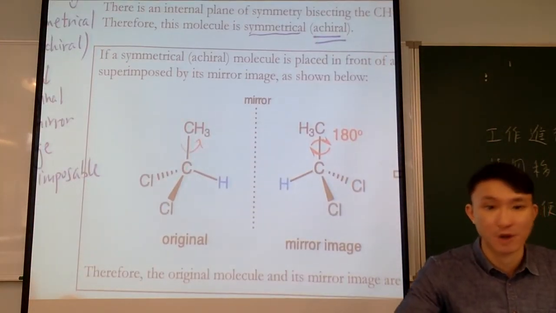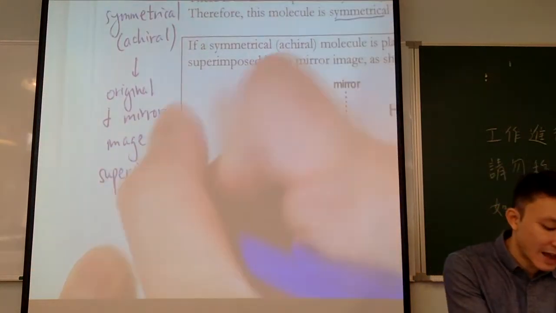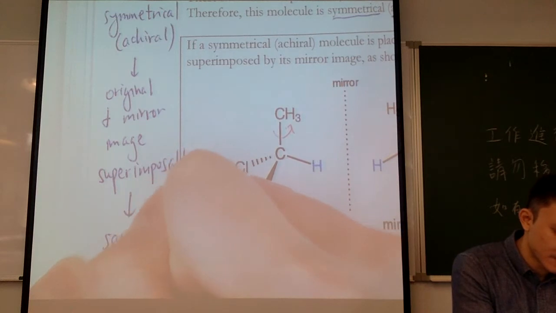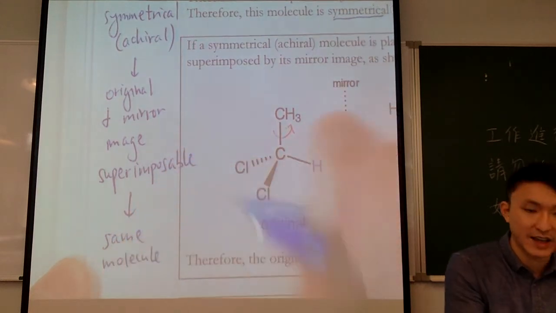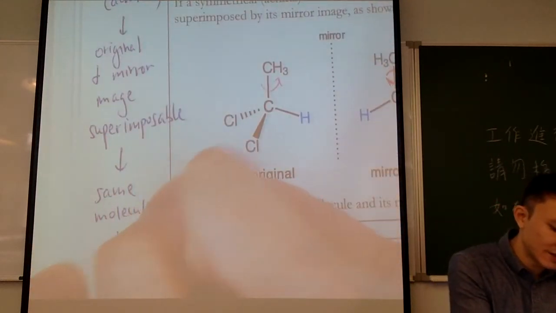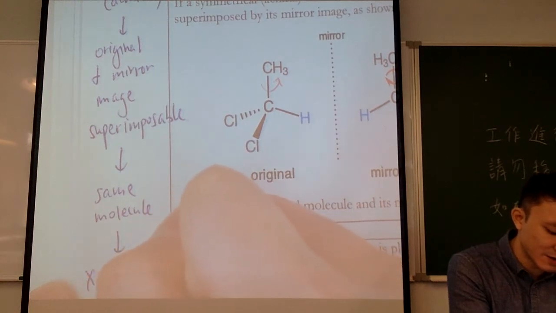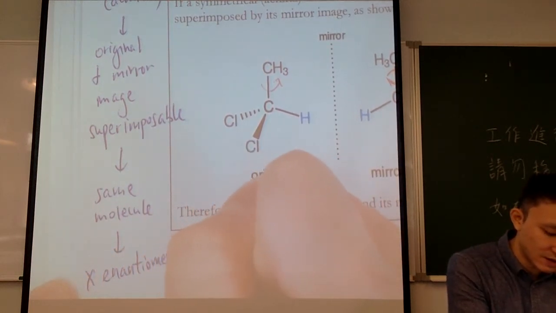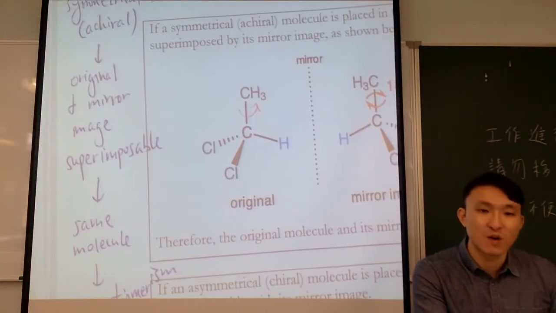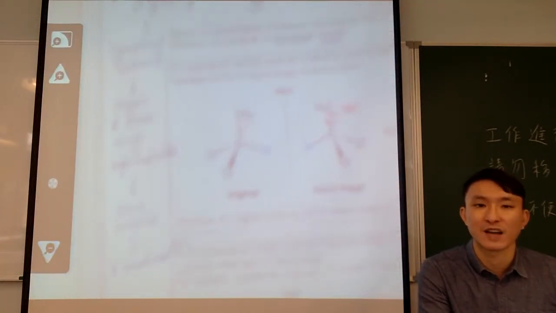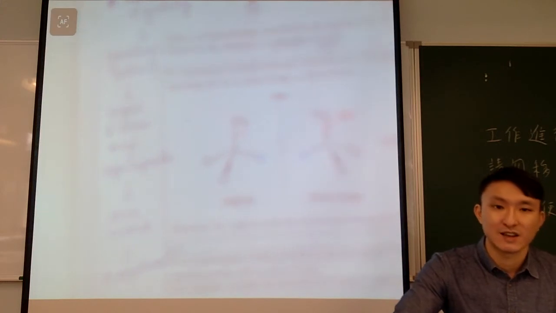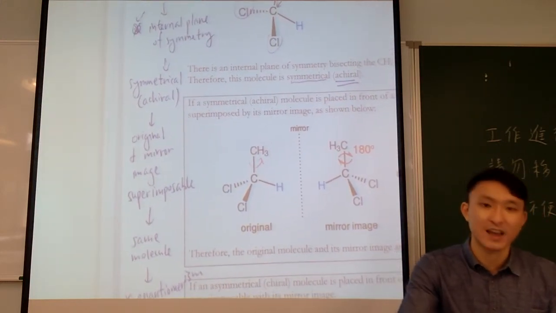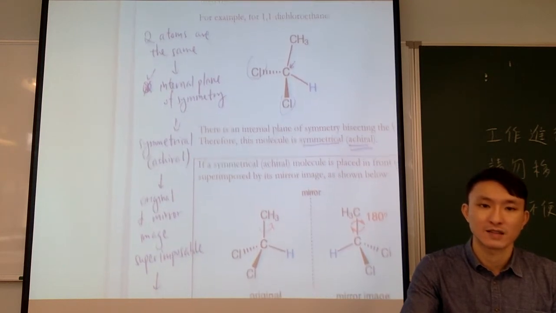They can be overlapped perfectly on one another, and the conclusion would be they are the same molecule. So if they are the same molecule, they do not exhibit enantiomerism. Basically, these are what we have discussed, if you connect all the concepts that we have talked about. So that would be the idea.